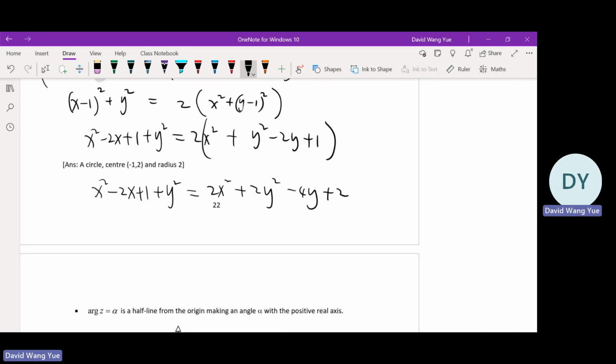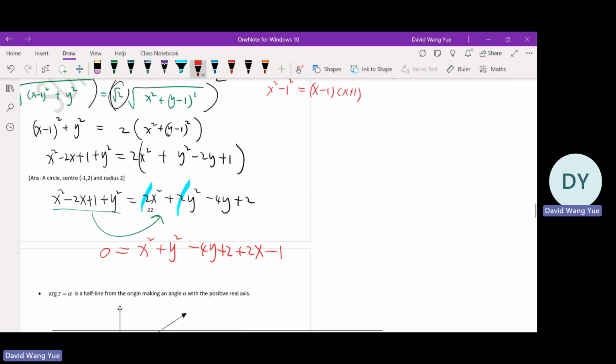Now we can move the terms from left to right instead of right to left, because here we get 2x squared and 2y squared, which is bigger than the x squared and y squared on the left. So it becomes 2x squared minus x squared, so x squared. 2y squared minus y squared, also y squared. Minus 4y plus 2, and then minus 2x goes to the right and becomes plus 2x, plus 1 becomes minus 1.